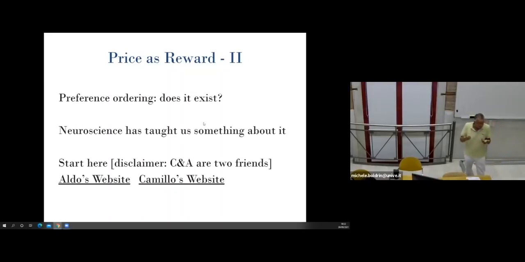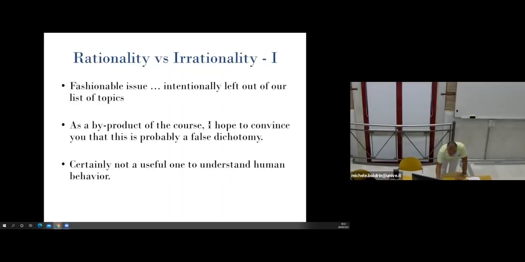So that's why the issue was very much debated. It's not important for us to understand prices, but it's good you know that's what it was, okay? So that's one angle of prices. Oh, yeah, here it is finally. So rationality versus irrationality. As I said, yeah, this is a very fashionable topic.